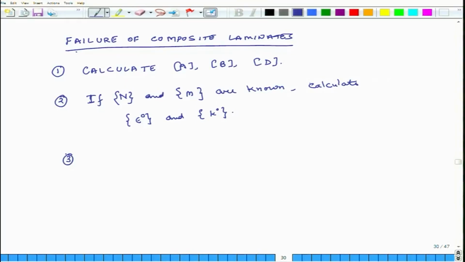Once we calculate the mid plane strains and mid plane curvatures, then we find sigma L, sigma T and tau LT in each layer. How do we find it out?